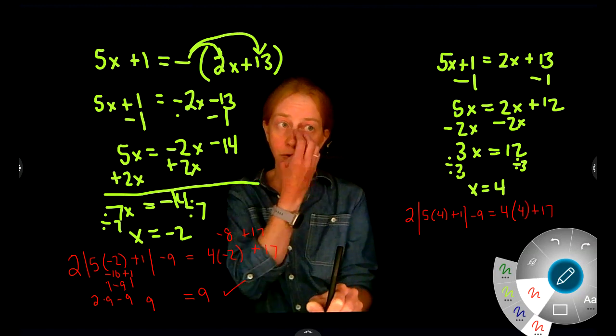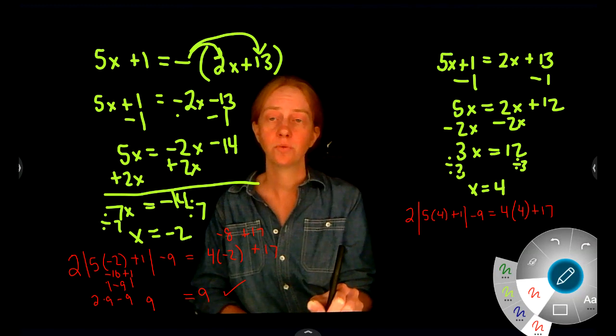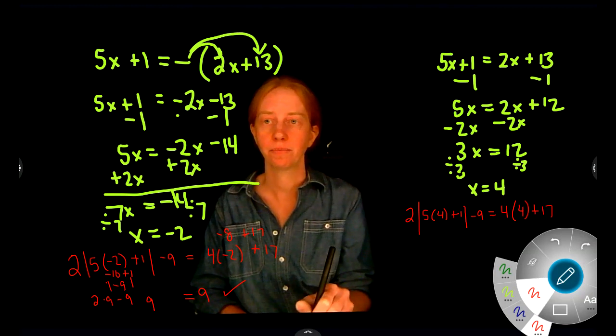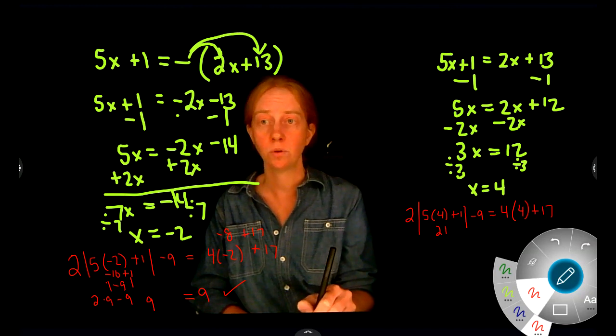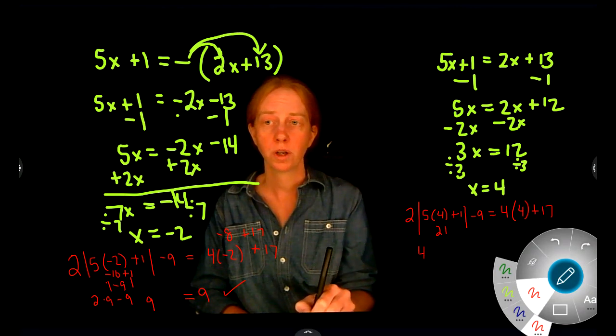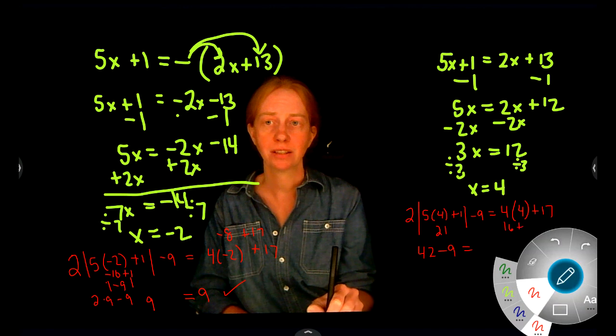Because it was originally 4x plus 17. So this is 4 times 4 plus 17. Okay, so 5 times 4 is 20, plus 1 is 21. That doesn't change because of the absolute value. It's just still positive. So 2 times 21 is 42, minus 9 equals 4 times 4 is 16 plus 17.